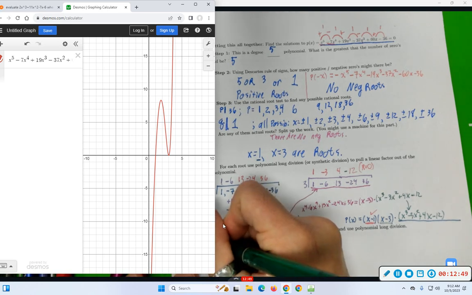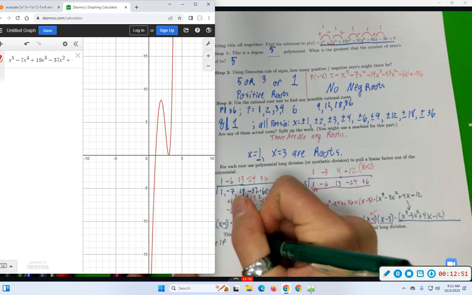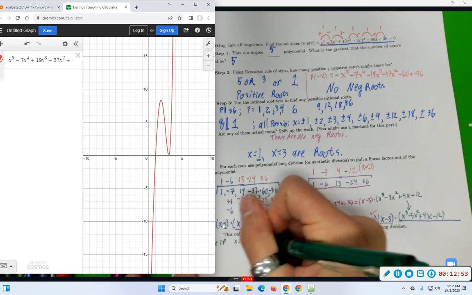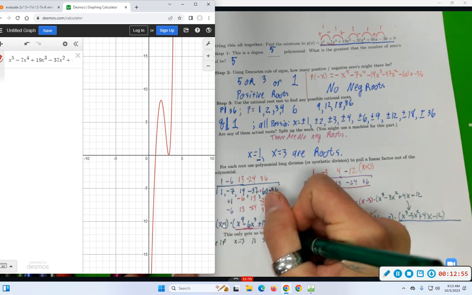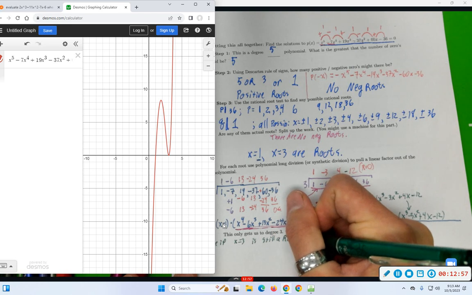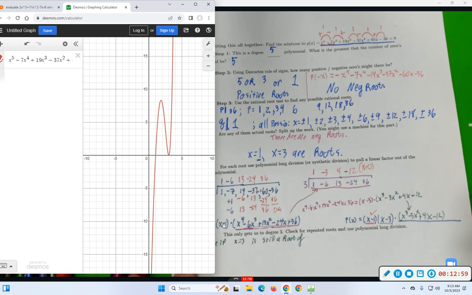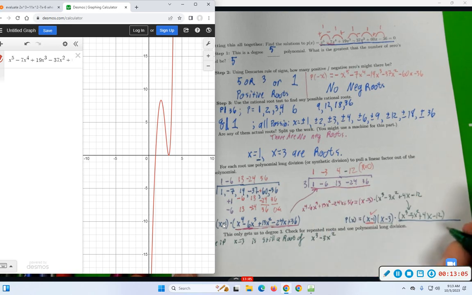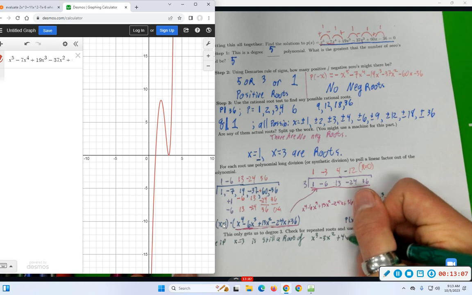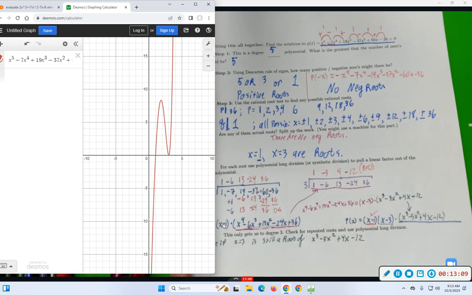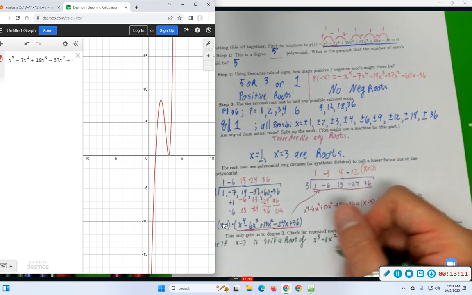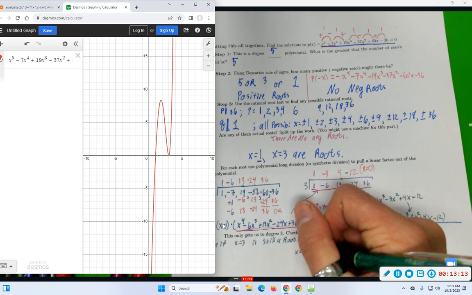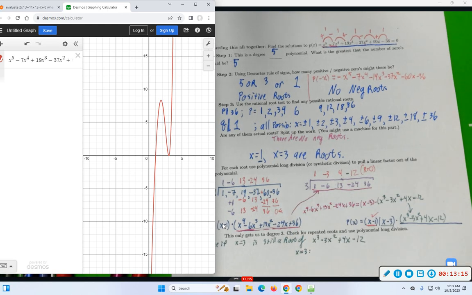So let's see if x equals 3 is still a root of x cubed minus 3x squared plus 4x minus 12. So let's plug in x equals 3, see what happens.